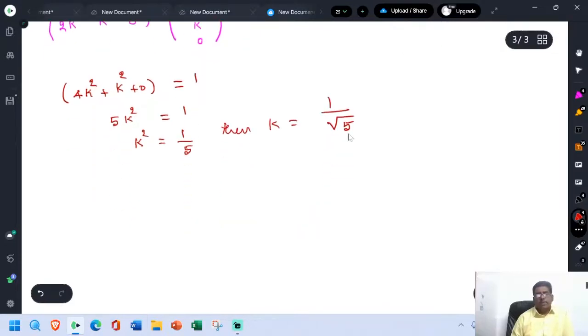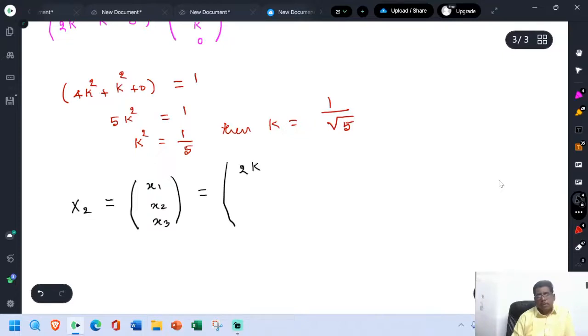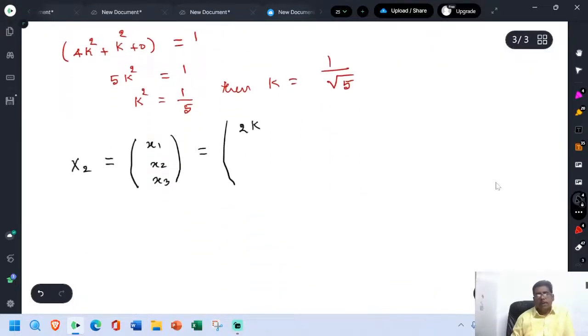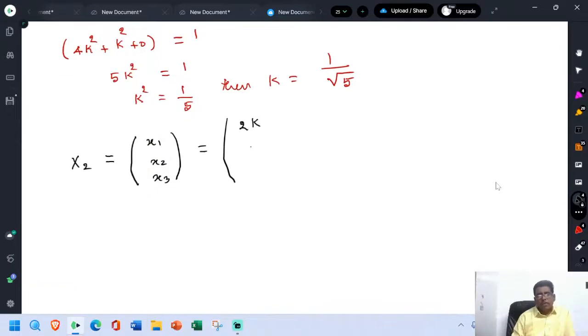Now the value of x2 equal to x1 x2 x3, which is 2k, k, 0. The value of x1 is 2k, then x2 is k, x3 is 0.